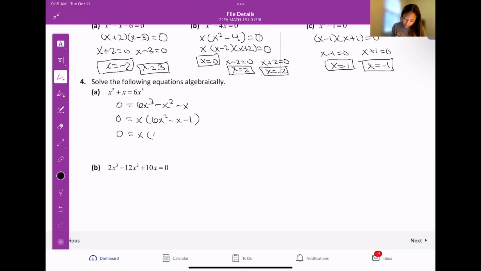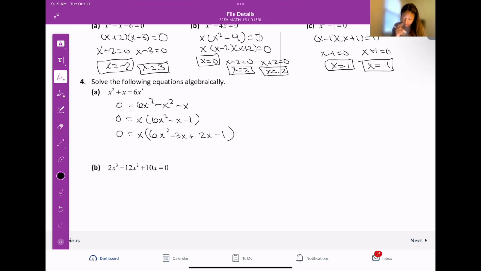So this factors to, let's see, 6x times something times x. I lied. That's wrong. Sorry, I was factoring by grouping. So we said this would be 6x squared minus 3x plus 2x minus 1.